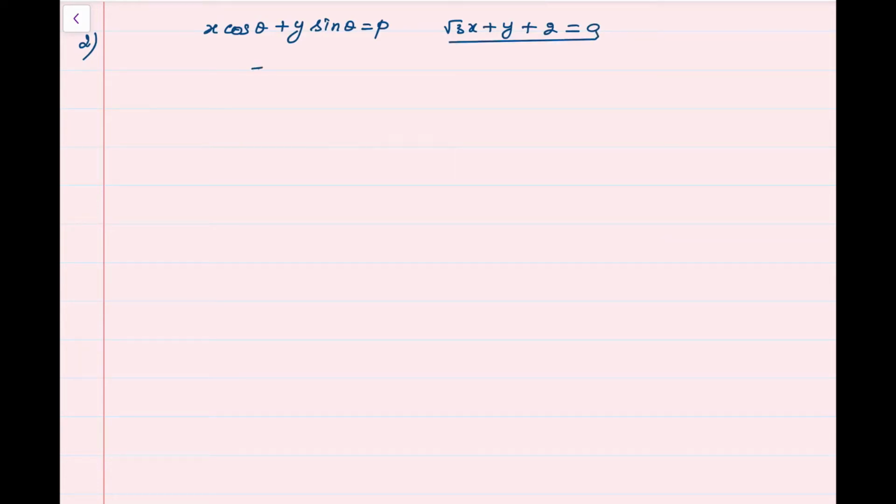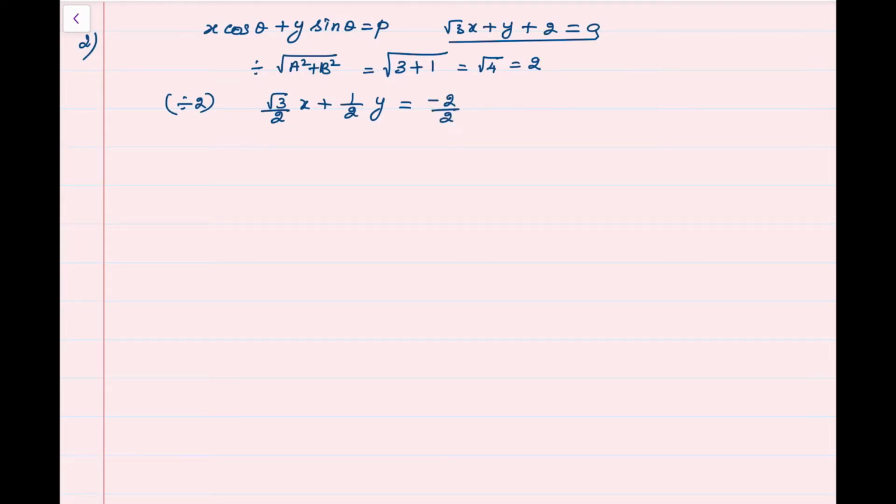To change the equation to normal form, we have to divide by root of a square plus b square, which is root of 3 square is 3, plus 1 square is 1, and root 4 is 2. We will divide the equation by 2.